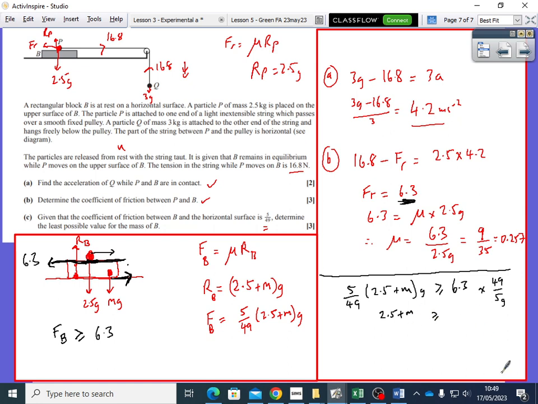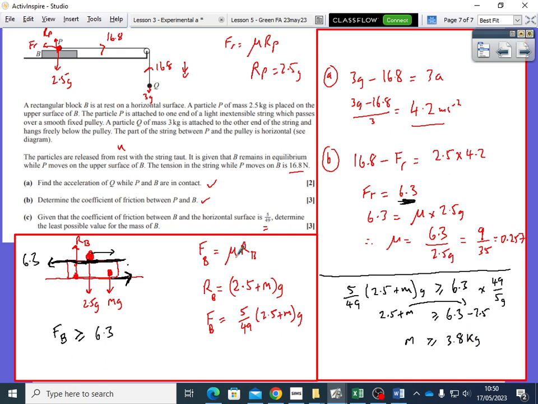So let's just write that down. 6.3 times 49 over 5g, in fact 5 times 9.8, so we get 6.3, and then we take that to the other side by subtracting it. So the mass of B has to be greater, take away 2.5, we're going to end up with 3.8 kg.